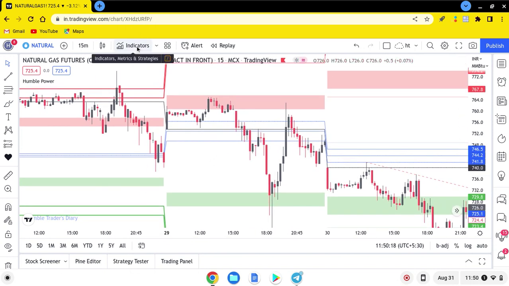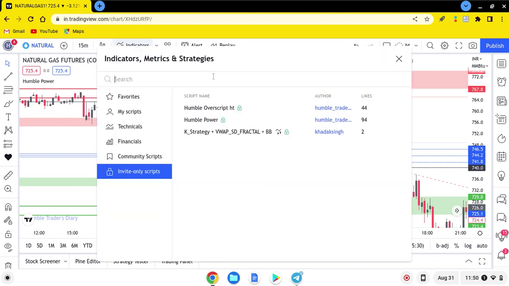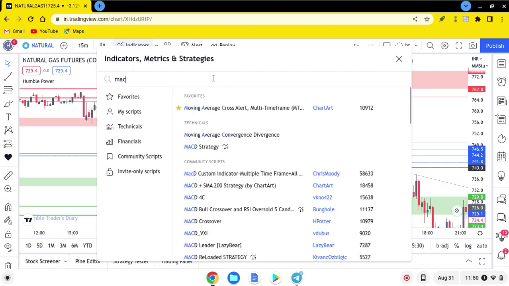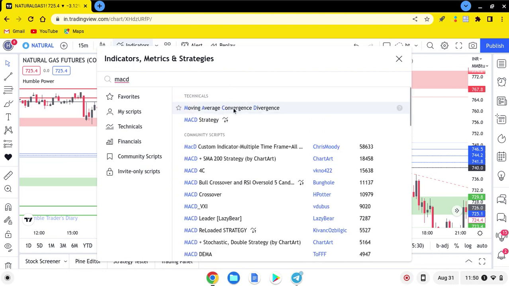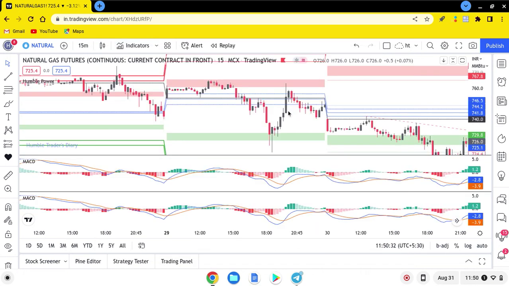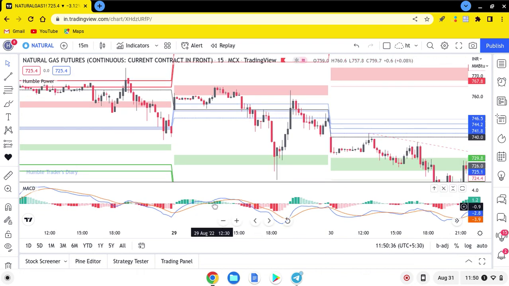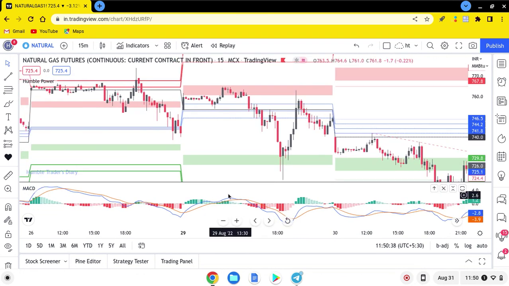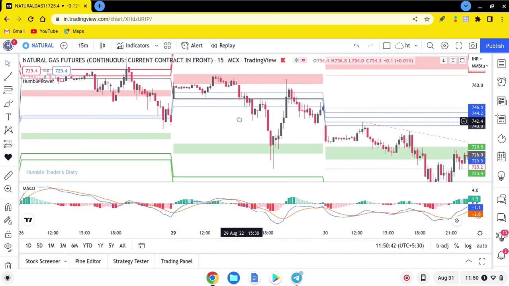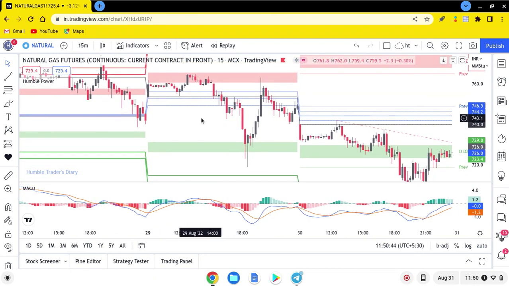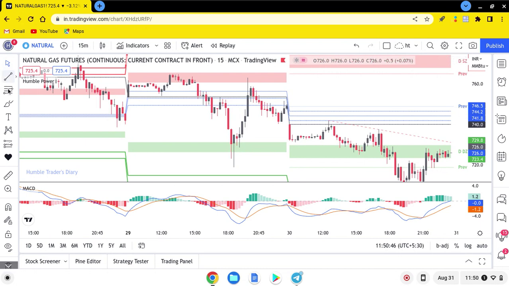Now to confirm the trend, to identify the perfect trade, we will add one more thing, that is called MACD, moving average convergence divergence. Click on that. Keep the settings by default. Whenever you add MACD, you will see something. We will try to identify something called a divergence. So what is a divergence?